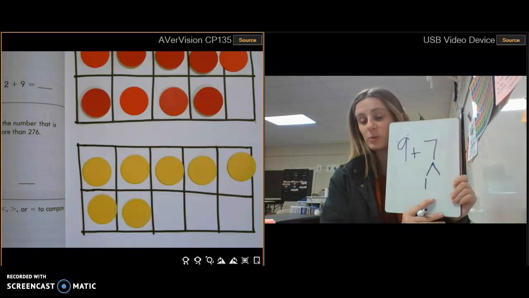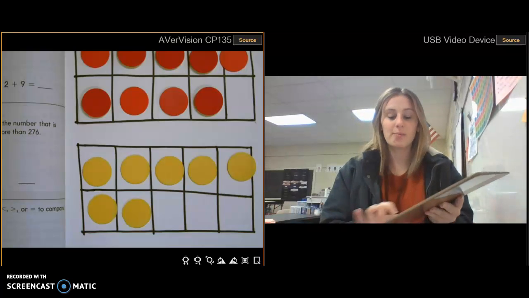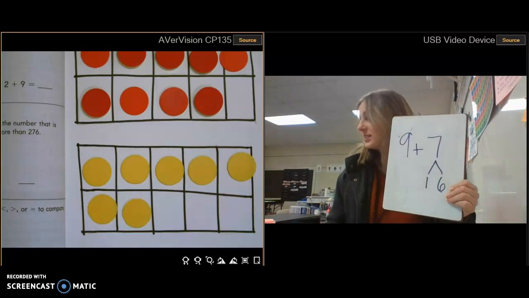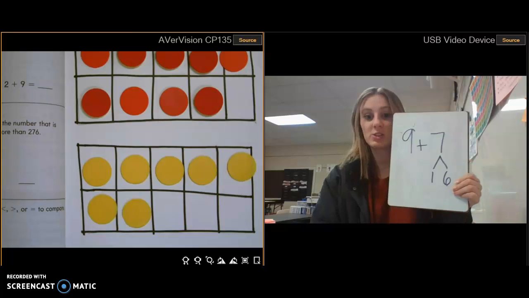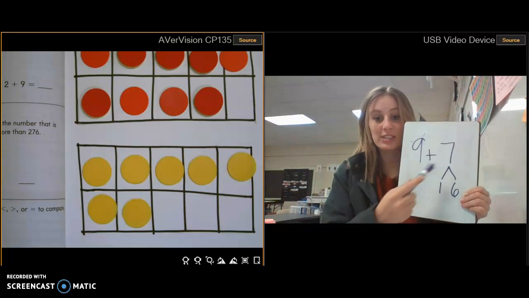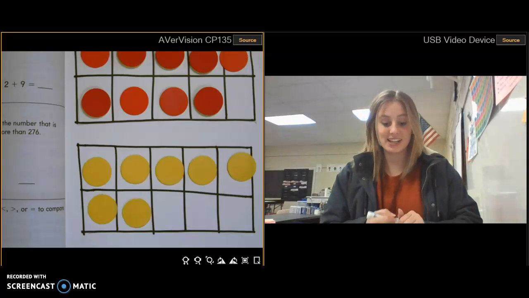What plus 1 equals 7? 6. So I know my problem becomes 9 plus 1 plus 6. I can do 9 plus 1, which makes 10, and that makes our problem easier. So 10 plus 6 is 16.